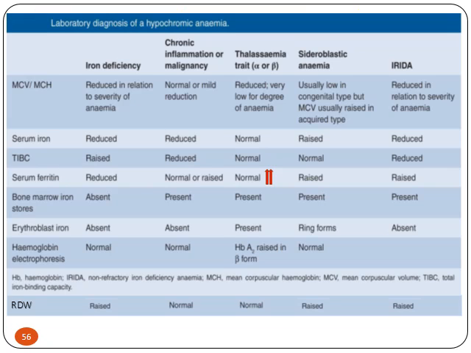So, what will be the landmark difference between cases of hypochromic anemia? We have the iron deficiency, anemia of chronic disease, the thalassemias, the sideroblastic anemia, or iron refractory iron deficiency. As regards the MCV and MCH, they are all reduced, of course.